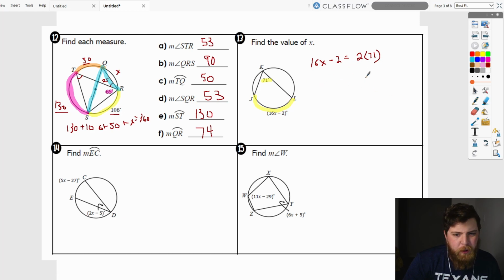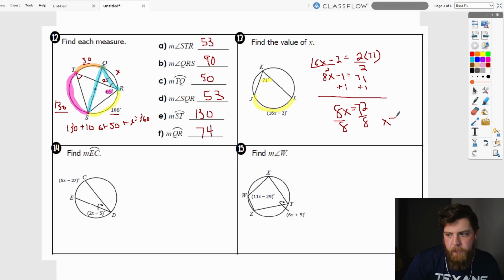Which you could divide this out. We could just divide everything by 2. We get 8x minus 1 equals 71, right? We could add 1, add 1. We get 8x equals 72. Divide by 8, divide by 8. So x would equal 9 on that one.